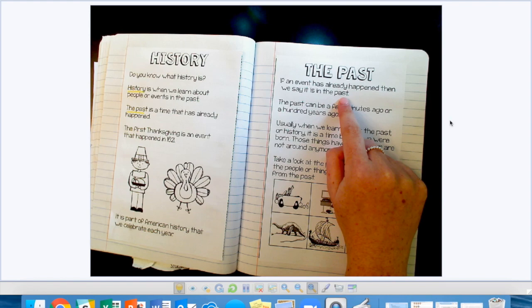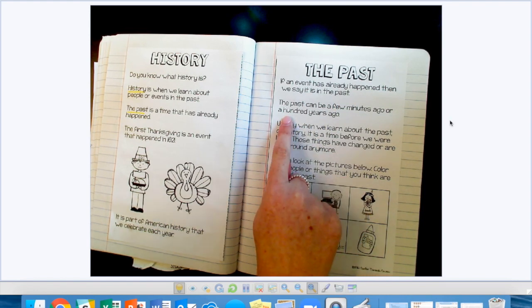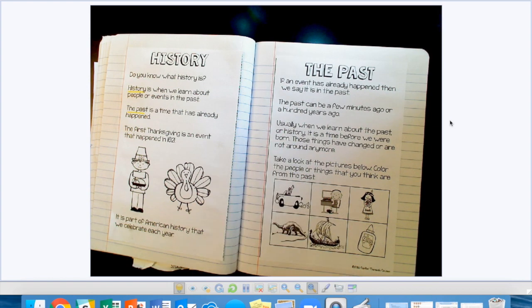If an event has already happened, then we say it is in the past. The past can be a few minutes ago or 100 years ago. Usually when we learn about the past or history, it is a time before we were born. Those things have changed or are not around anymore.